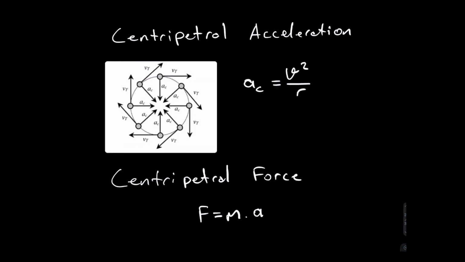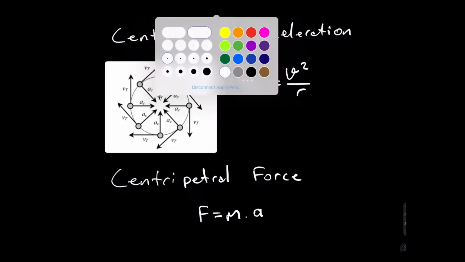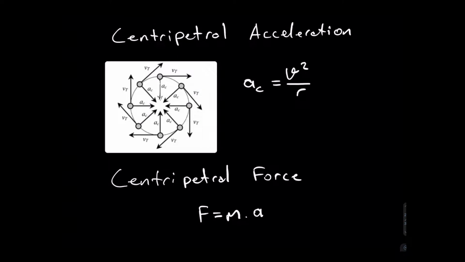Now we need to define centripetal acceleration. Centripetal acceleration is the acceleration that is holding the ball in the circular path, and we find it like this. Acceleration is equal to the speed squared, actually the velocity, this is the tangential velocity, over radius.